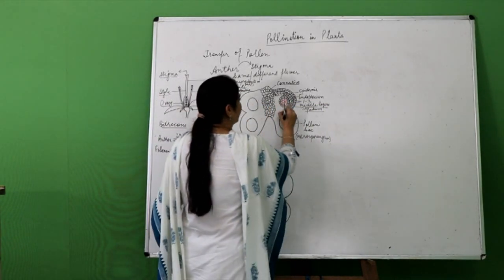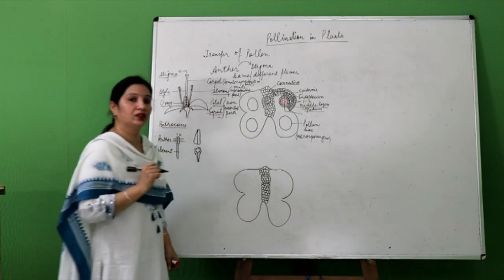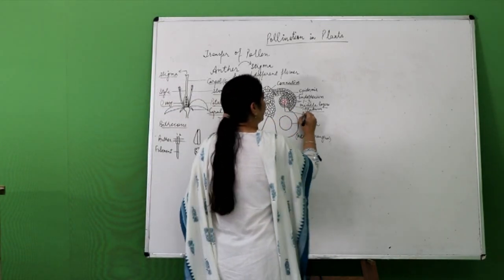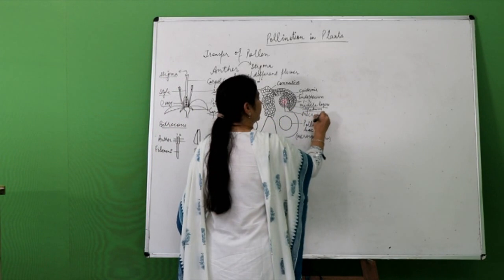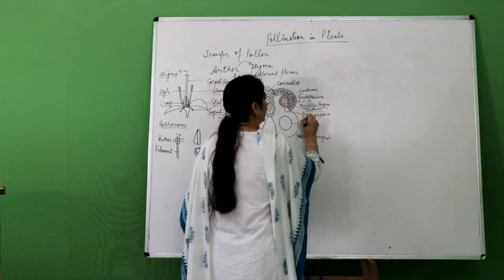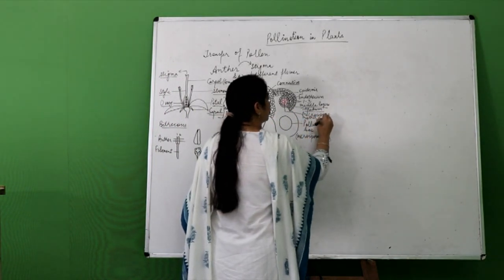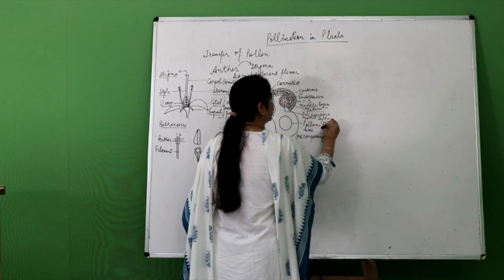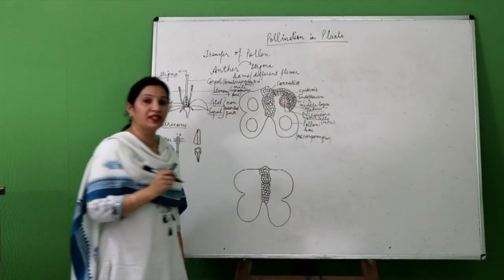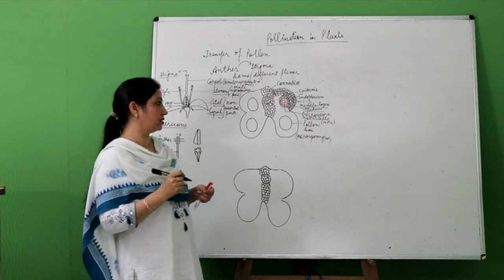And these tapetal cells surround the microspore mother cells. Microspore mother cells, or we also call them MMC, or PMC, that is the pollen mother cells.